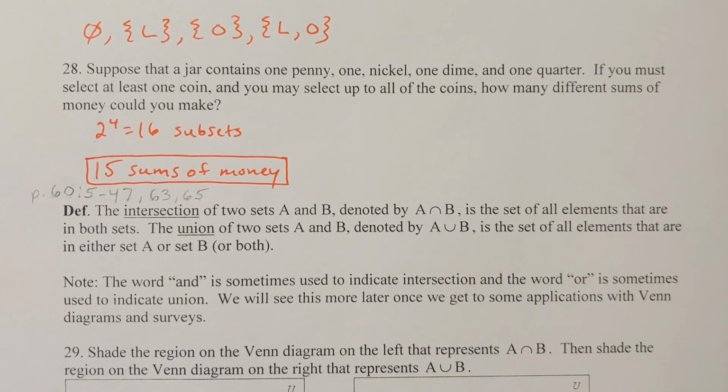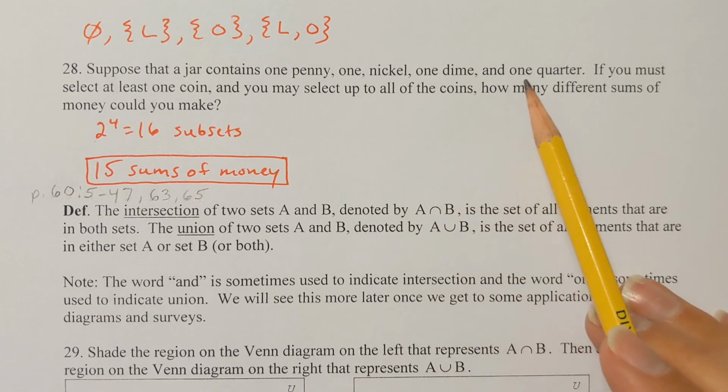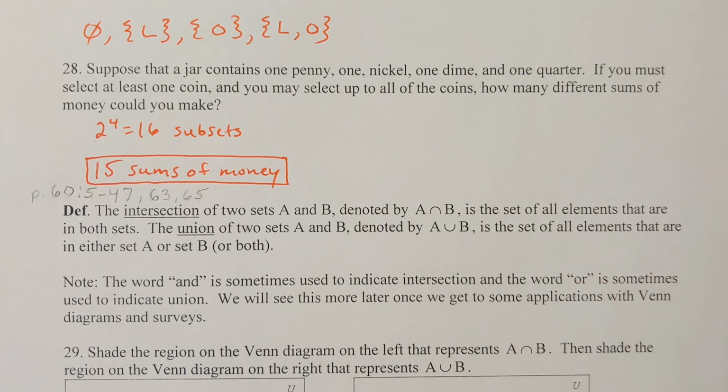Problem 28, suppose that a jar contains 1 penny, 1 nickel, 1 dime, and 1 quarter. If you must select at least 1 coin, and you may select up to all of the coins, how many different sums of money can you make? Okay, so here's an example of subsets. So I have to select at least 1 coin.